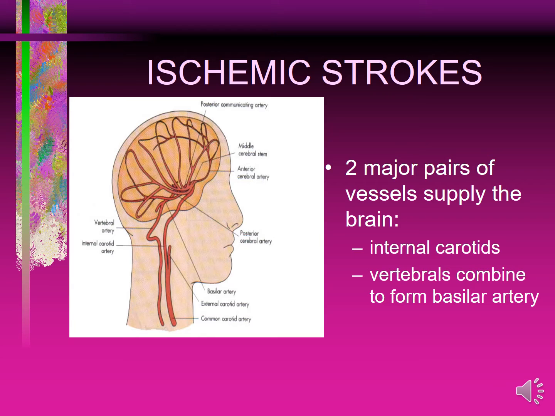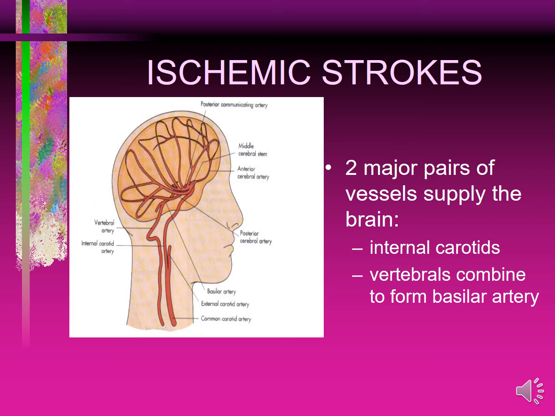If you recall, there's two major pairs of blood vessels that supply the brain. The internal carotids, which of course go up your neck, where they are in the front of your neck, and then the vertebral arteries, which combine further back in your neck and kind of combine at the base of your skull to form the basilar artery, which then goes up and feeds more of the back of the brain.